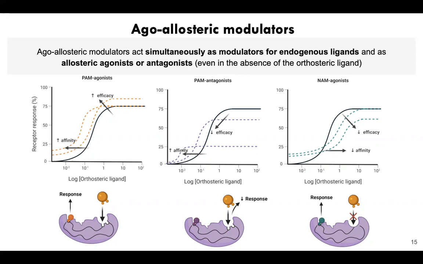It means that it will enhance the affinity of the allosteric ligand, but it will reduce its efficacy. So you can have crazy things happening. So here, this Ago-allosteric modulator, the PAM antagonist, increases the affinity of the allosteric ligand, but reduces its efficacy to perform a certain reaction.